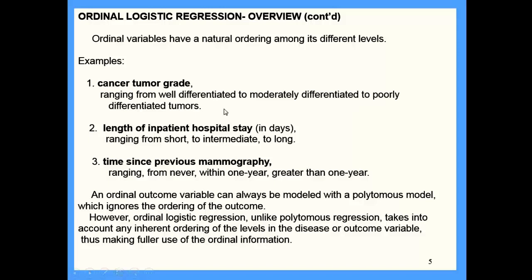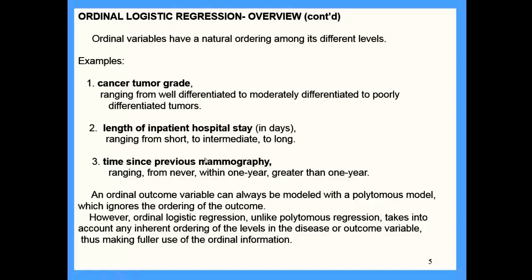That's ordered. If that's your outcome, maybe you want to consider doing ordinal logistic regression, as long as this proportional odds assumption is satisfied. Length of inpatient hospital stay. Short, medium, intermediate, long. That's ordinal, right?